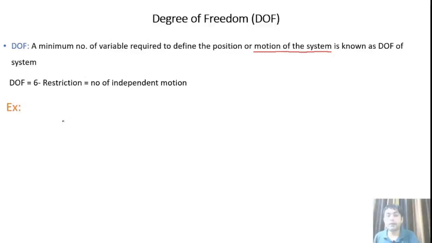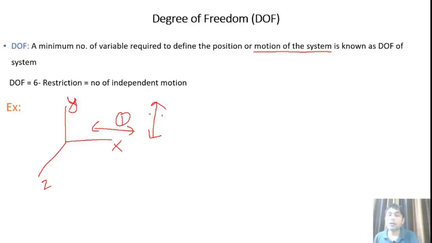Let any object have 3 axes x, y, z. Sorry, this is y. It can translate along the x-axis, first motion. It can also translate along the y-axis.